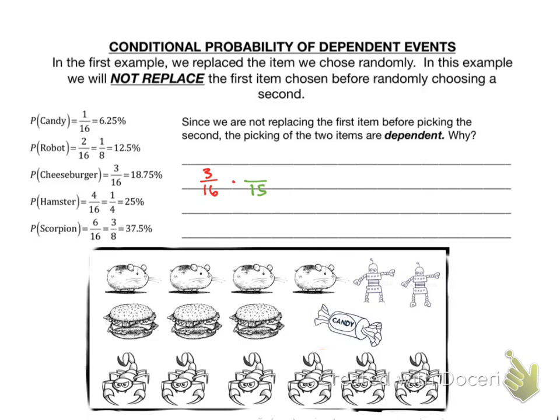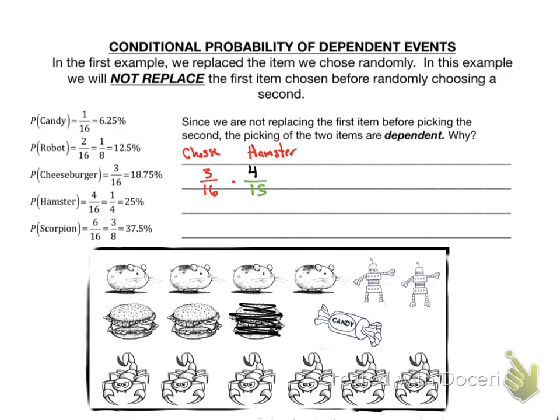Anything else in there, because this is going to be gone. Let's say we wanted to pick a robot, or let's say we wanted to pick out a hamster. The chances of picking a hamster are 4 out of 15. The chances of picking a scorpion are 6 out of 15. Hamburger, 2 out of 15. Robots, 2 out of 15. So let's say we wanted to pick out a hamster. That'll be 4 out of 15. So cheeseburger, hamster.